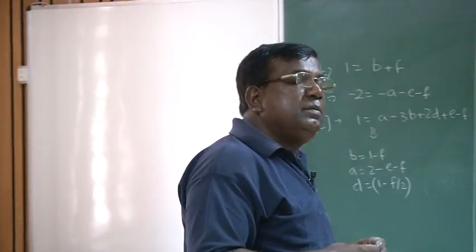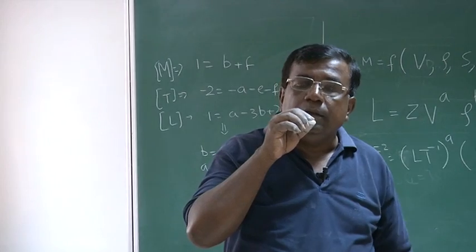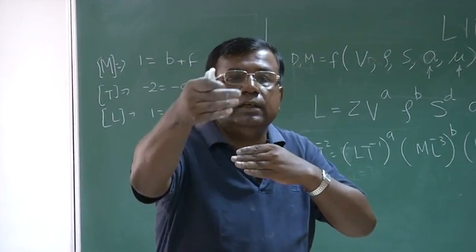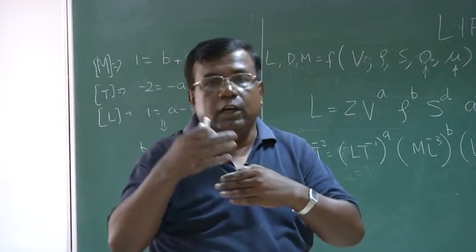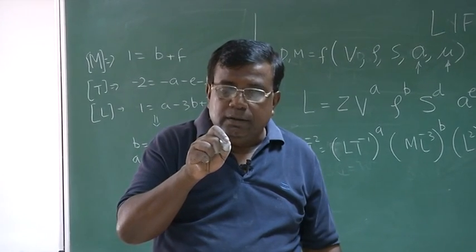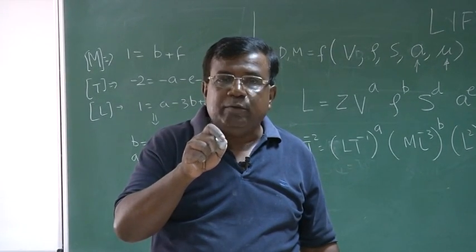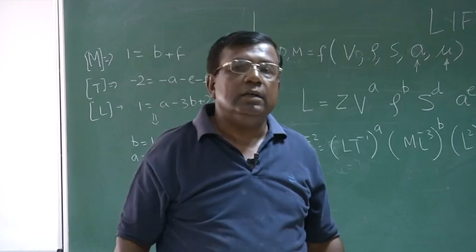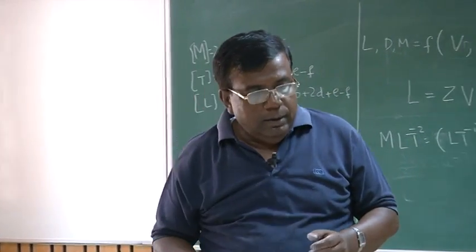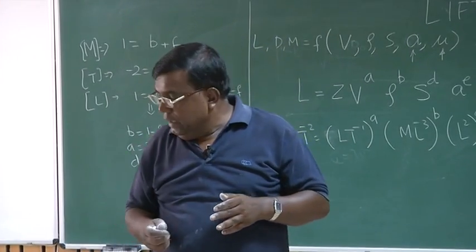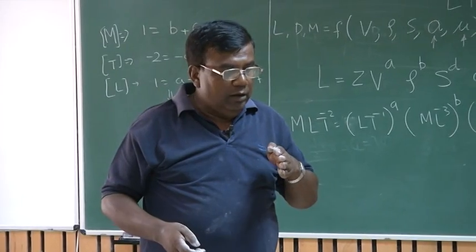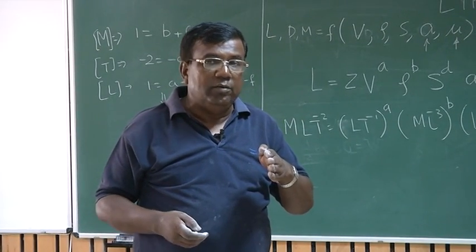How do you define velocity of sound? If there is a disturbance, it gets propagated with the speed of sound, right? So any small disturbance in a medium gets propagated with a speed equal to the velocity of sound. Now think of a body moving like this, and the speed of this body is less than the velocity of sound.